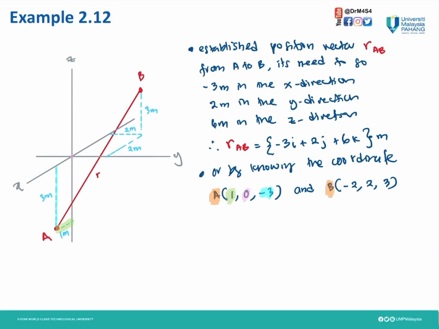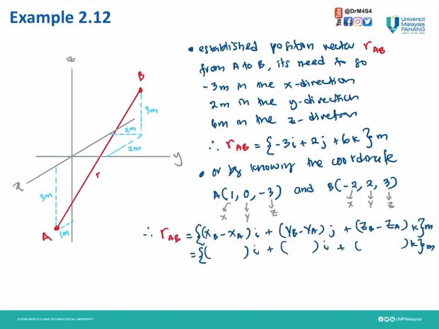For B, on x it is going to the negative side by 2 units, so negative 2. Then on y, move 2 units to the positive side on the y-axis, so positive 2. And on the z-axis, going up by 3 units on the positive side, so positive 3. So we get the coordinates for A and B.